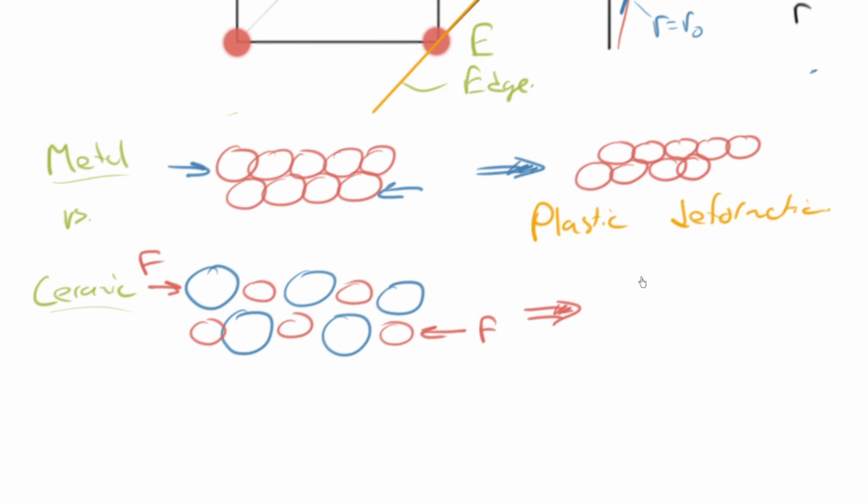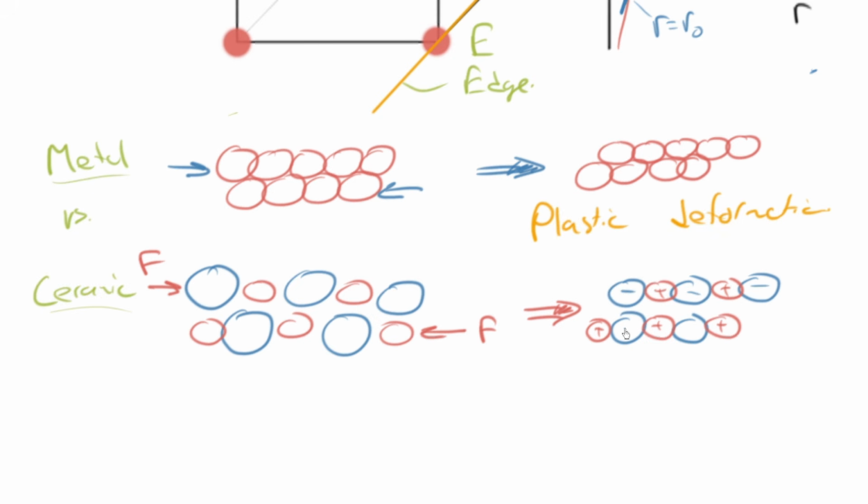Well, there's an interesting scenario that occurs that is not the case for a metal. To get those to slide past each other, you have this intermediate scenario here where, and I'll remind you of the charge, right? These little cations are positive in charge.